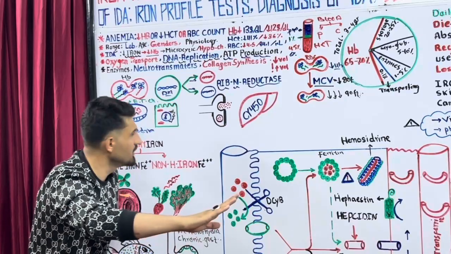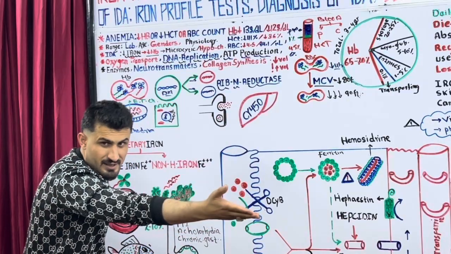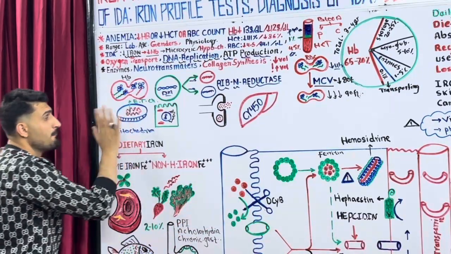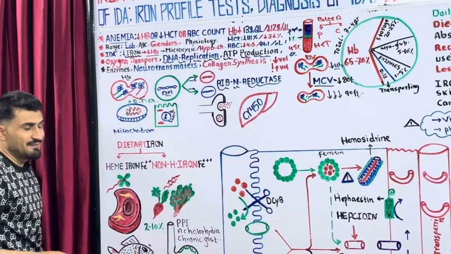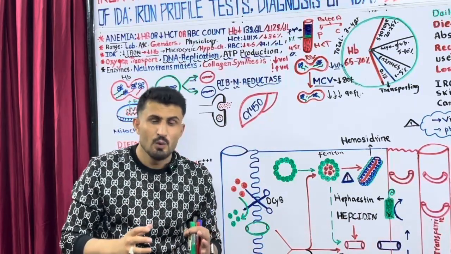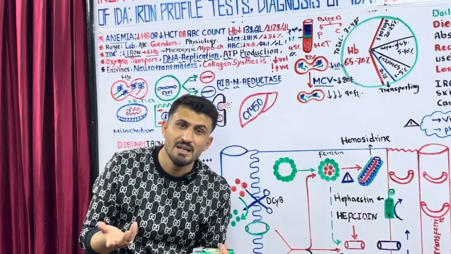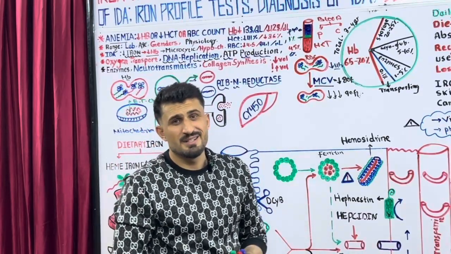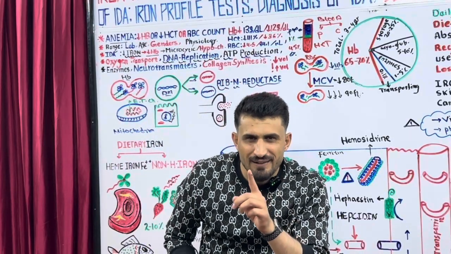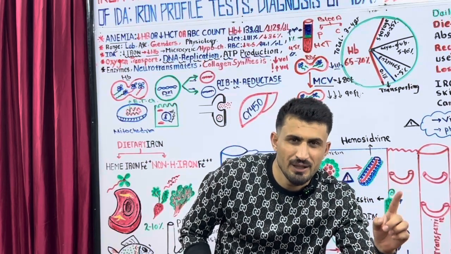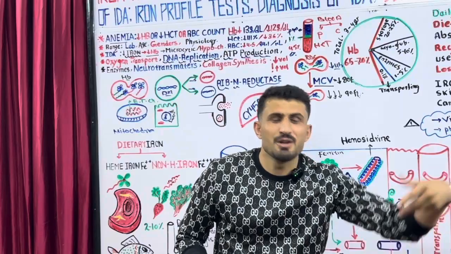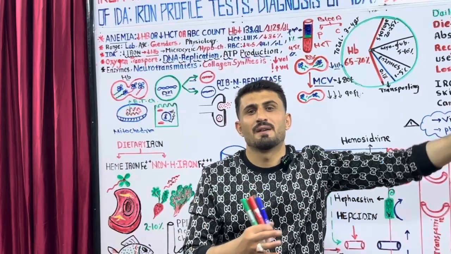I'm not going deep inside the physiology. Here we have an enzyme among these, which is called cytochrome B. Okay, so this cytochrome B needs iron. So when you don't have iron, you cannot use cytochrome B. You cannot produce ATP, you cannot produce energy, and you cannot produce a lot of cells.